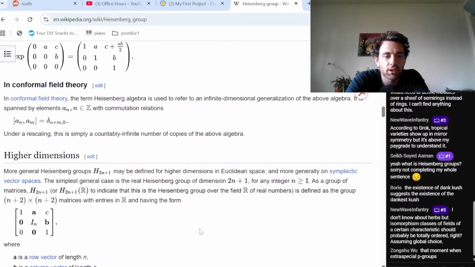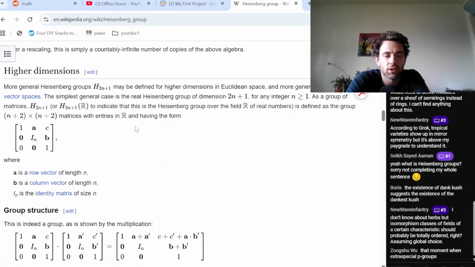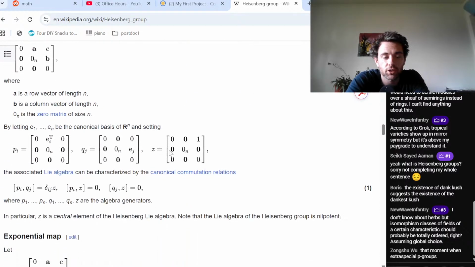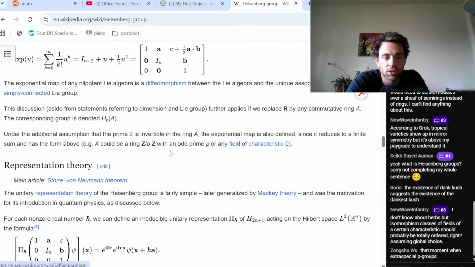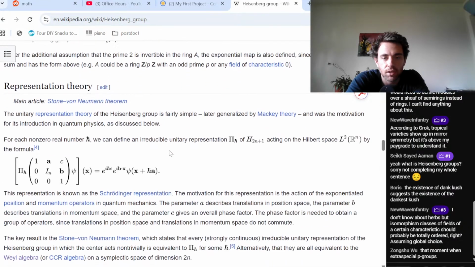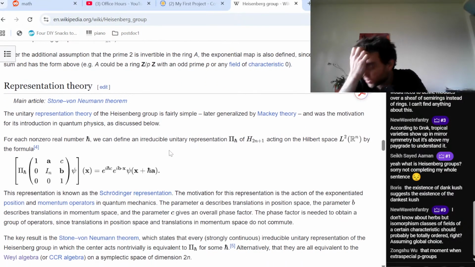There are originally reasons to study it for these reasons, and of course there are generalizations. But also, what's really interesting is I sat in on a course on what's called the Weil representation.